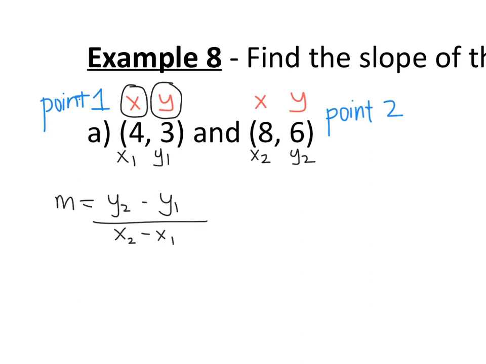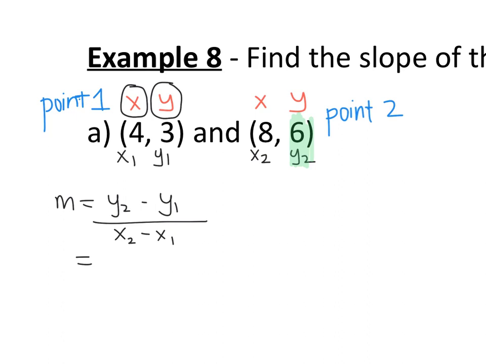Okay, so I put the slope formula on the screen. It's m equals y2 minus y1 divided by x2 minus x1. So we're going to take the numbers that we labeled, and input them into their proper spots in the slope formula. We're going to start with y2. I'm looking at my data points for the point that I labeled as y2.